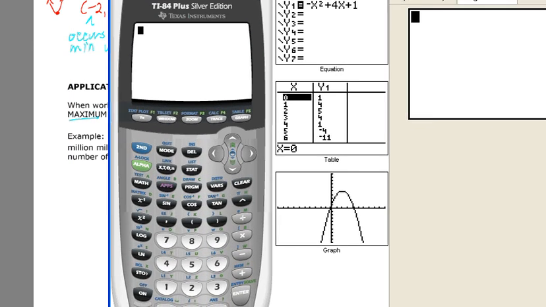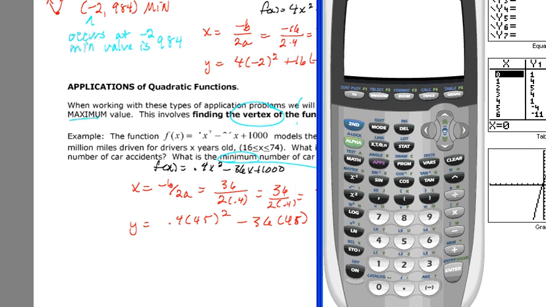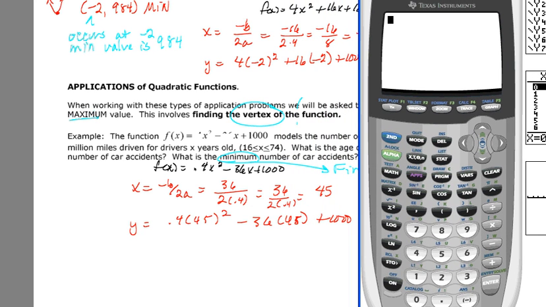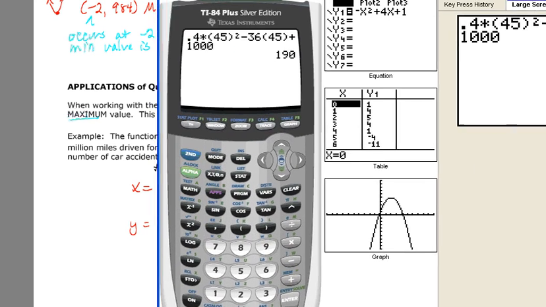So it'll be 0.4 times, parenthesis 45, close it, and squared, minus 36 times 45 plus 1,000. Let's enter that and find the value. So the value we come up with is 190.